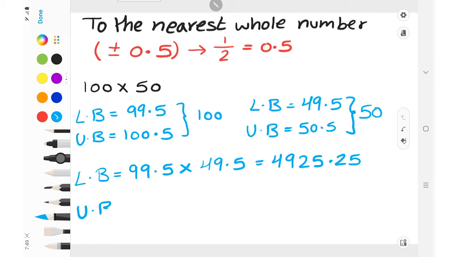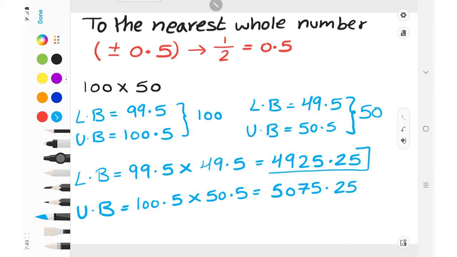And for the upper bound, it will be 100.5 multiplied by 50.5, which will give 5075.25. So this is my lower bound for 100 multiplied by 50, and this is my upper bound. We will do it in this way. We can't just multiply 100 by 50 to get 150, and then, no, sorry.